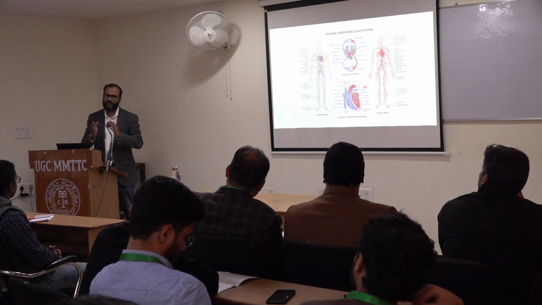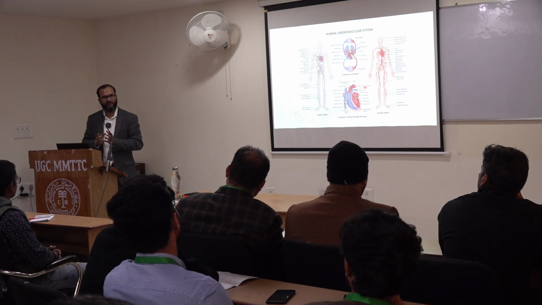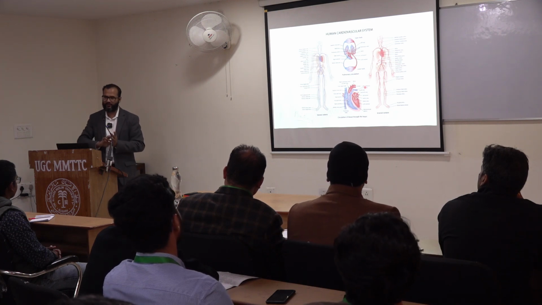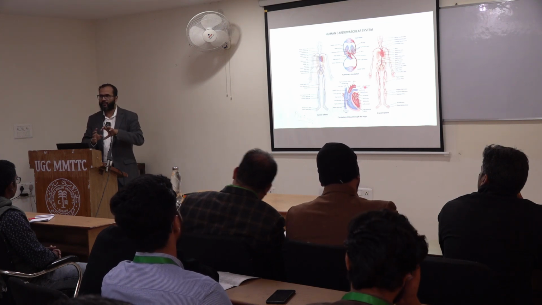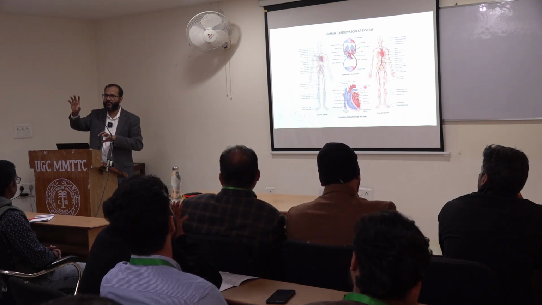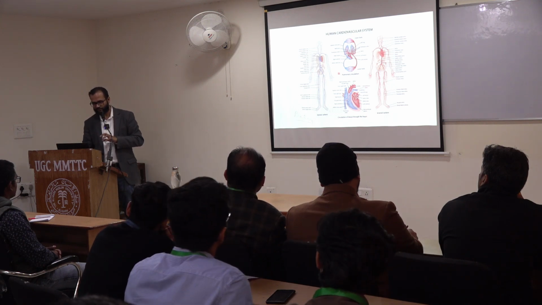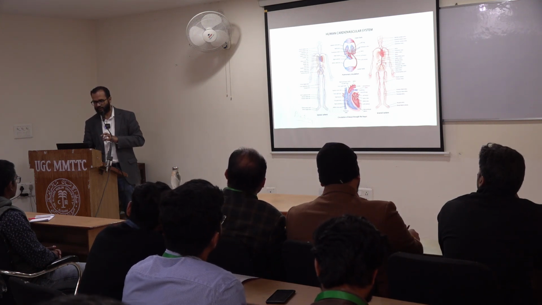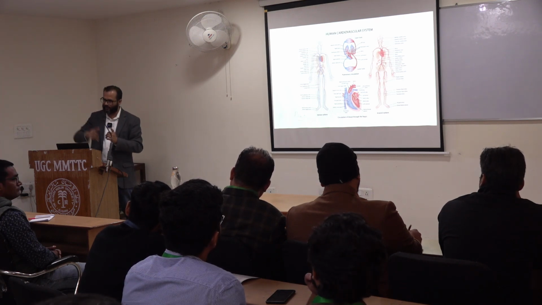So valves keep the blood from coming back, and the heart muscle drives the pressure and moves the blood forward. The blood comes to the right atrium, goes to the right ventricle, goes to the lung. From the lung it gets oxygenated, then it comes back to the left atrium, not aorta, left atrium, then it goes to the left ventricle.